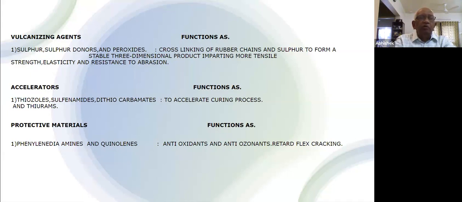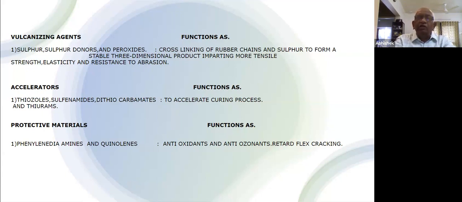Then there are certain protective materials. As you know, rubbers are prone to oxidation. They can be affected by ozone when exposed to it for a long time. Therefore, to protect rubber products for a longer time, chemicals like phenylene diamine and quinoline are added, and they function basically as antioxidant and anti-ozonant, and they also retard flex cracking.